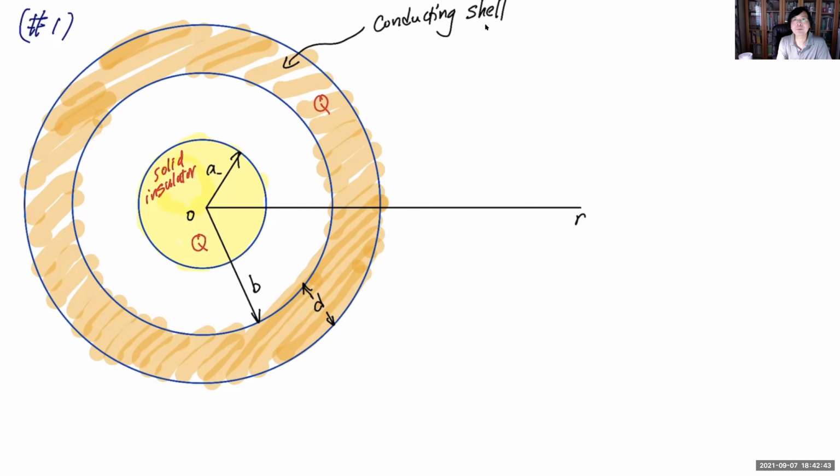Anybody? Would that be possible? No. Why not? Because inside there wouldn't be any electric field. Yeah, there cannot be any field or any charge inside. So where would these charges go if it's a solid conductor? What would that Q be at?